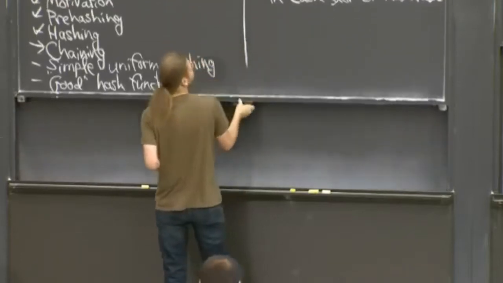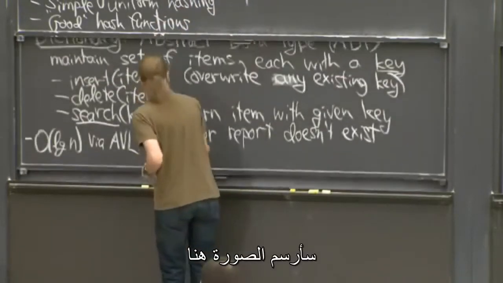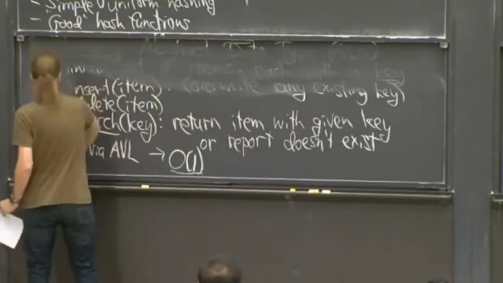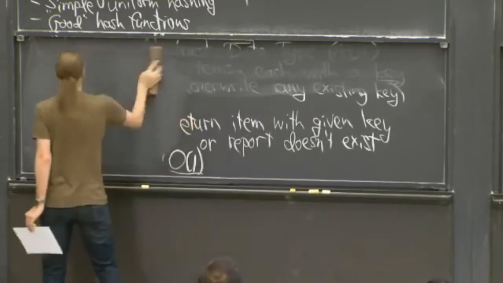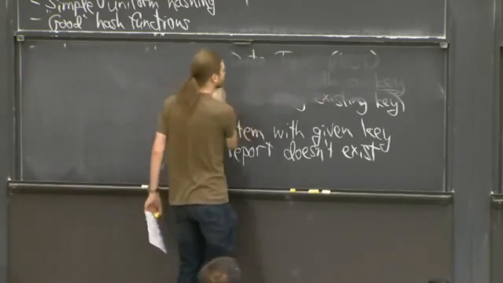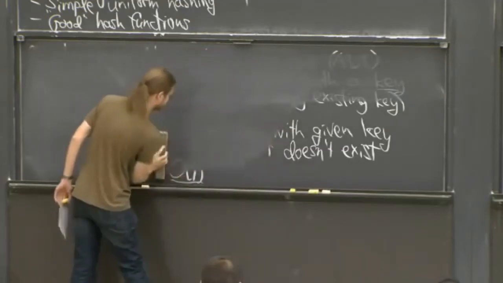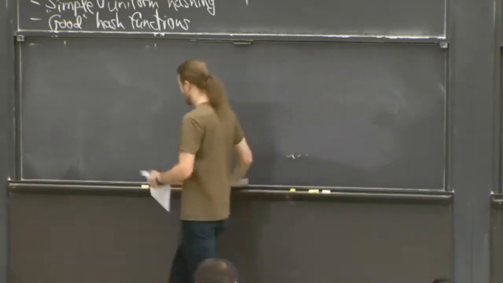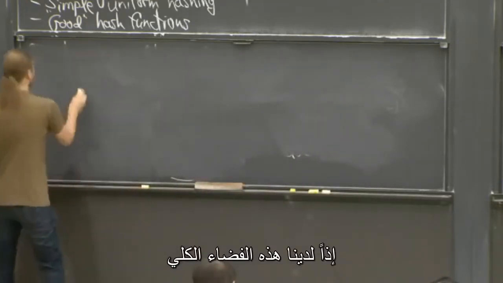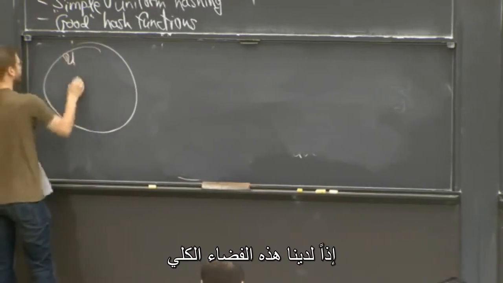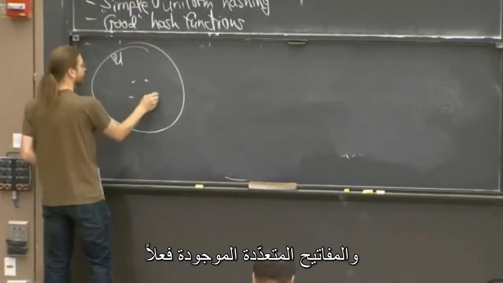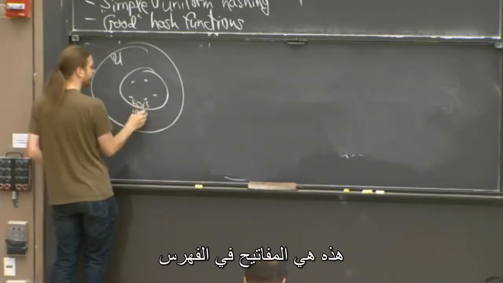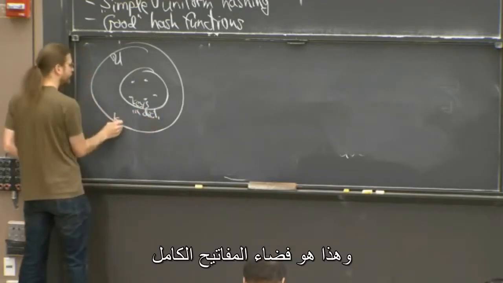I need a big picture here. So we have our nice universe. Various keys that we actually have present. So these are the keys in the dictionary. And this is all of key space.